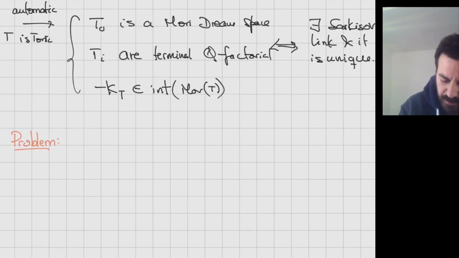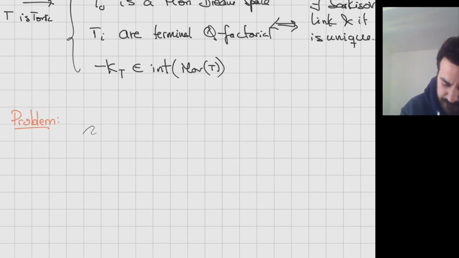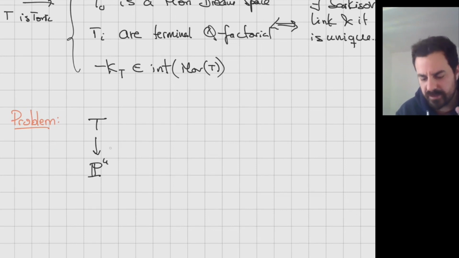Okay, so the problem here is, suppose that I have some divisorial extraction, which is a weighted blowup.